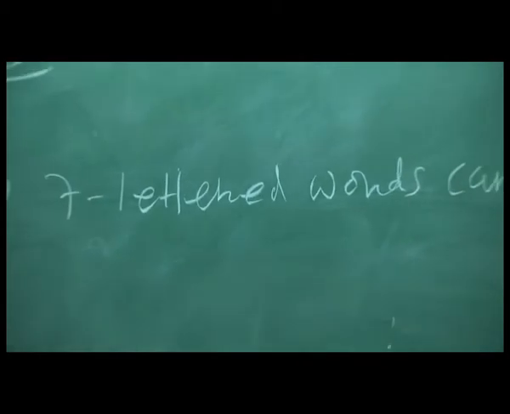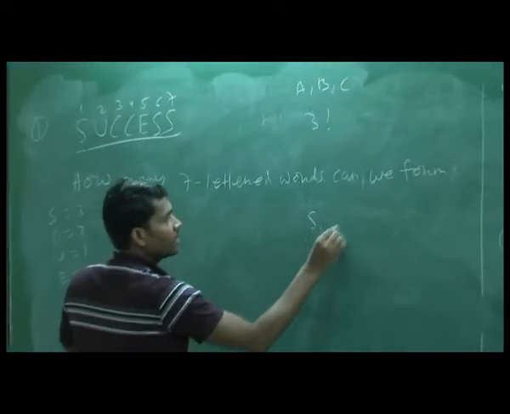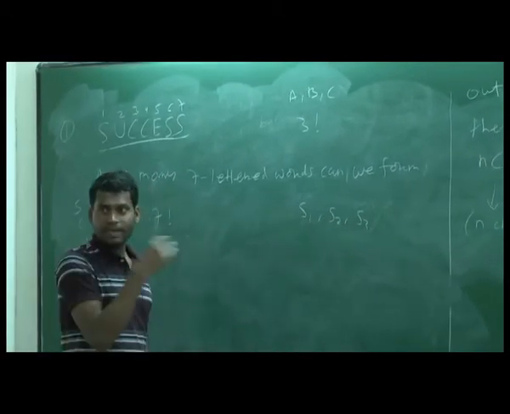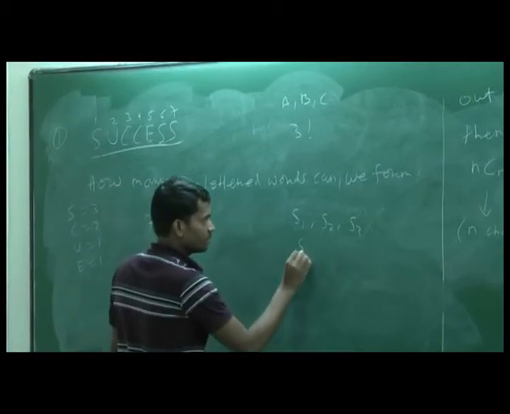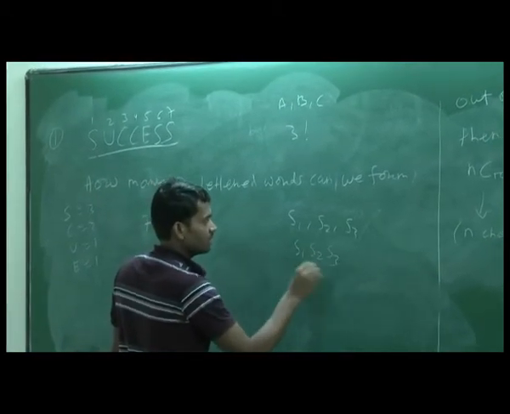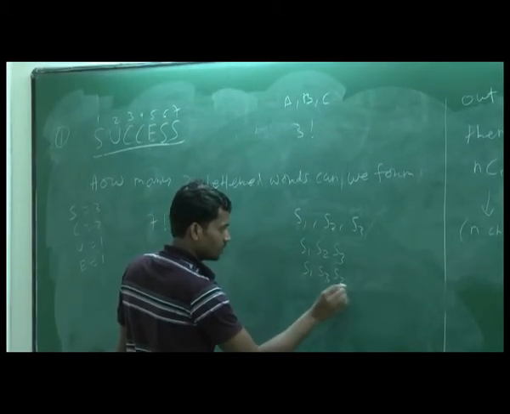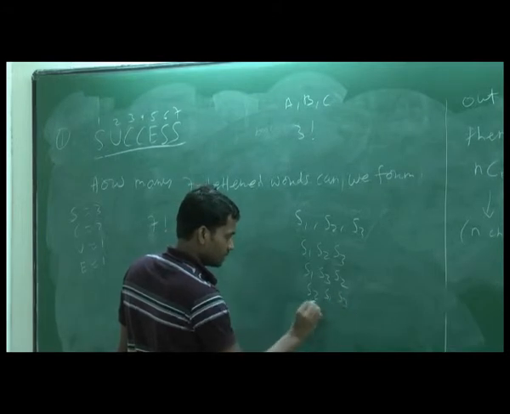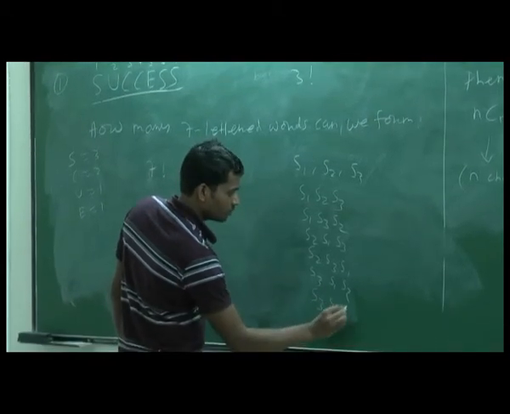Suppose these 3 were different, S1, S2, S3. They can be arranged in 3 factorial ways: S1, S2, S3, then S1, S3, S2, then S2, S1, S3, S2, S3, S1, S3, S1, S2, S3, S2, S1.